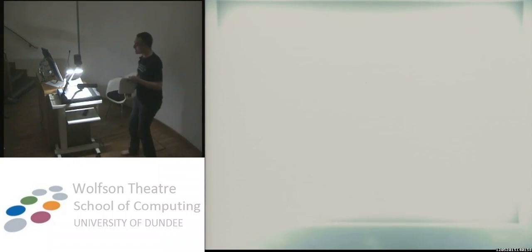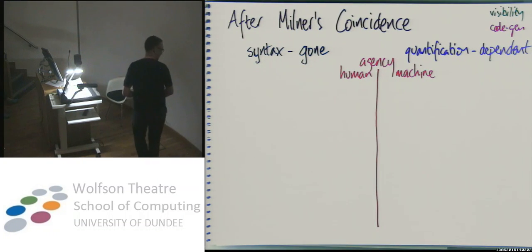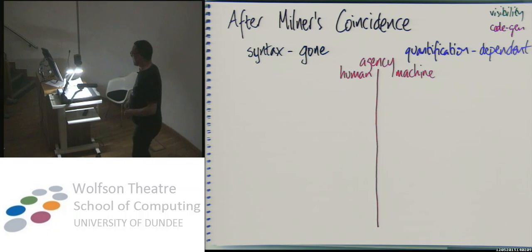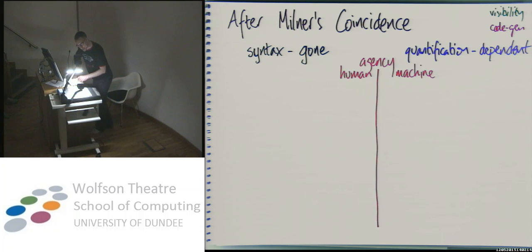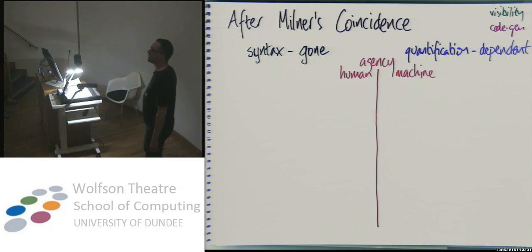Okay, so where have we arrived at after Milner's coincidence? I've drawn the beginning of a picture and reminded myself what needs to go in it. So the distinction between syntactic categories, term and type, gone. Waste of time. Always was, in my opinion. Now causing more trouble than it was worth.